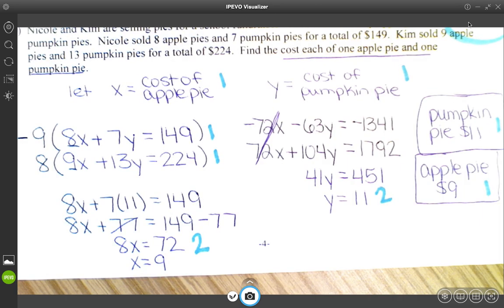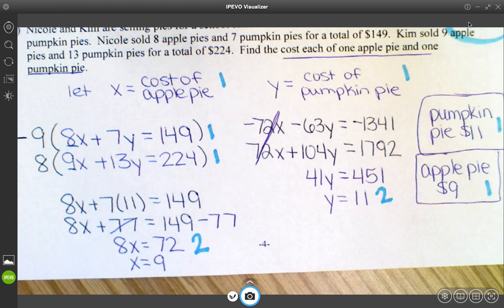If you don't identify your variables, like if you just write X equals apple pie and Y equals pumpkin pie, you don't get your point for identifying. You have to say you're finding the cost. You have to be very specific.